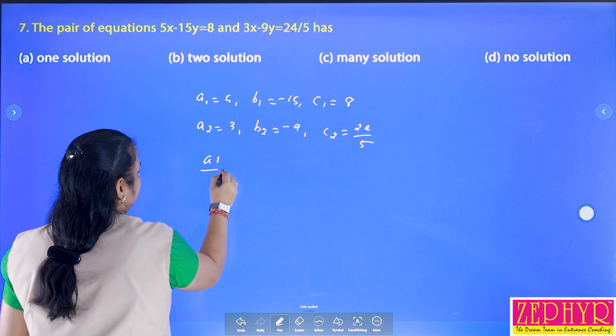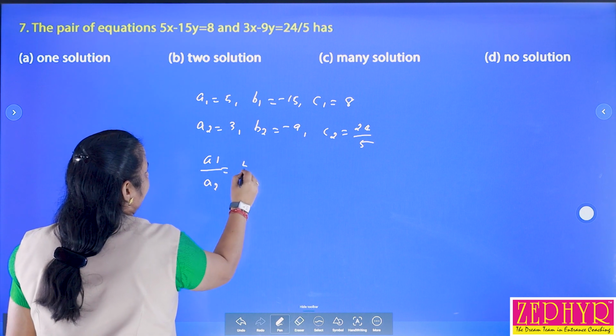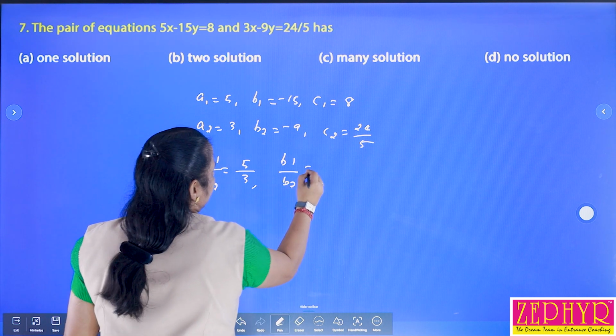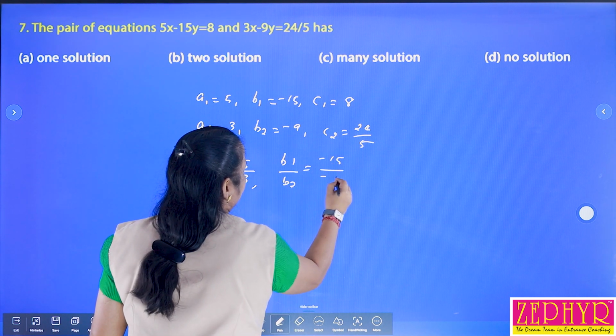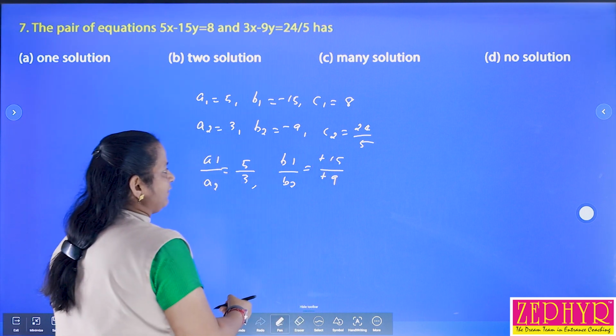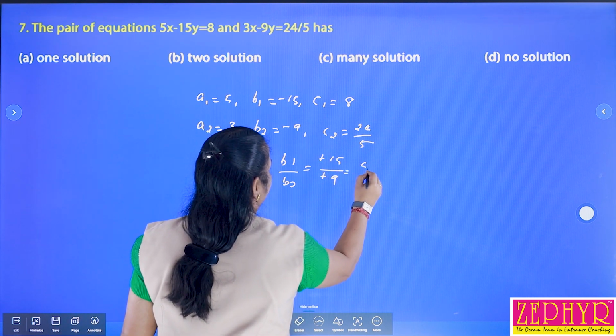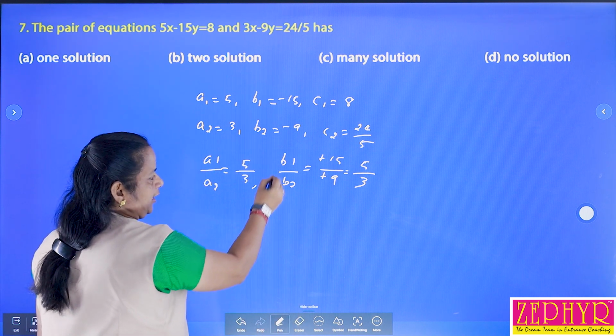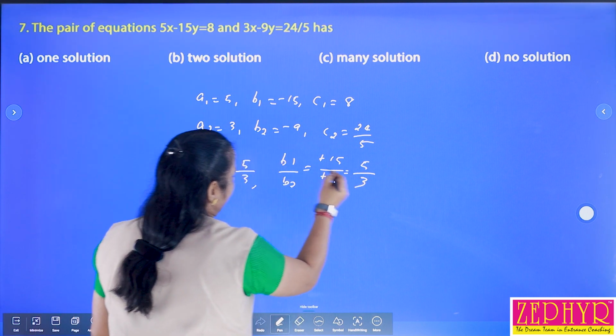So what is a1 by a2? It is 5 by 3. Then b1 by b2 is minus 15 by minus 9. We can reduce this fraction by dividing throughout by 3, it becomes again 5 by 3. So a1 by a2 is 5 by 3, and b1 by b2 is also 5 by 3.